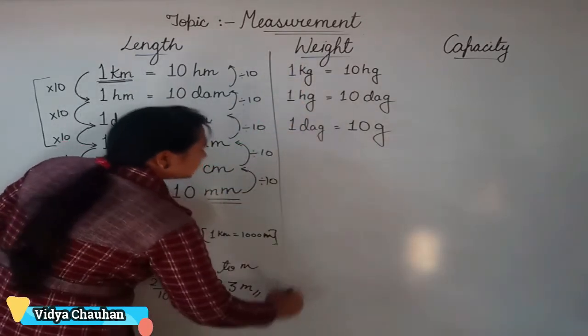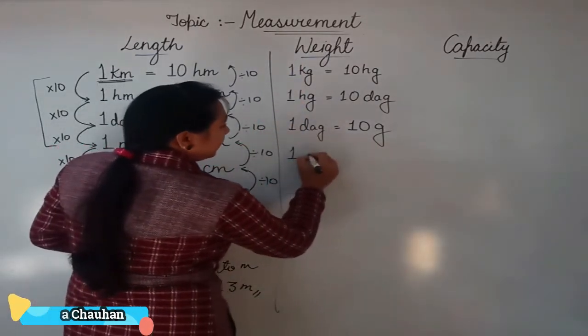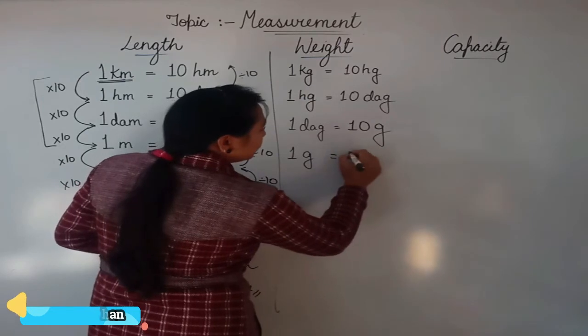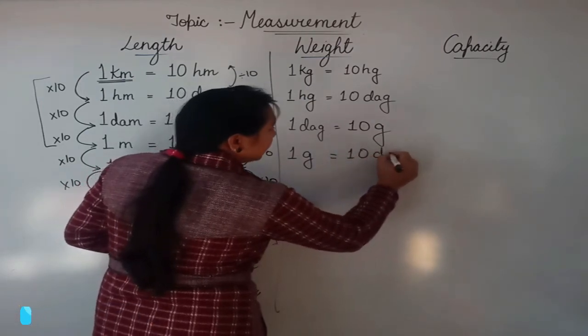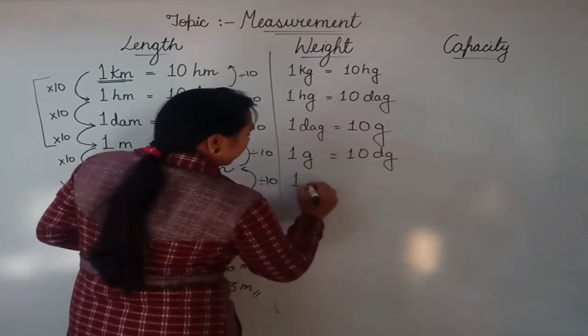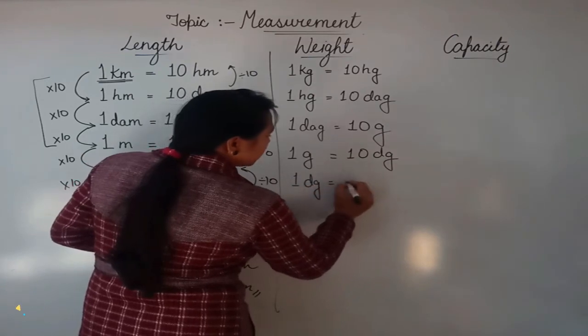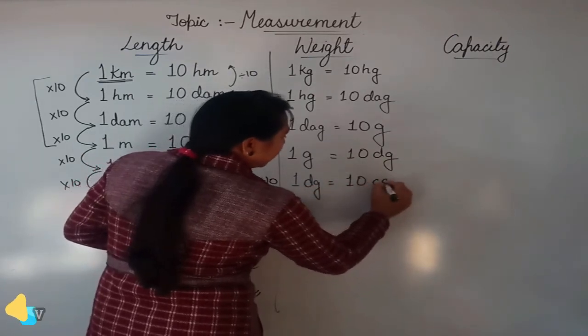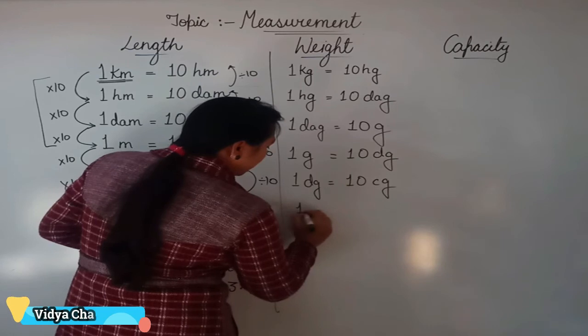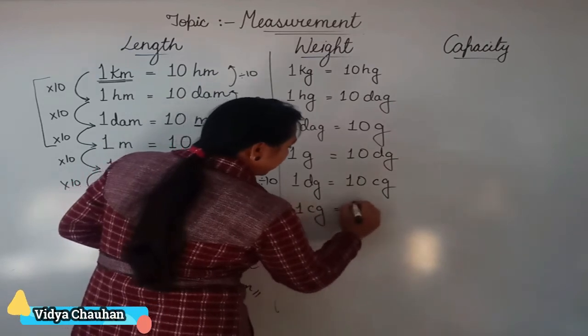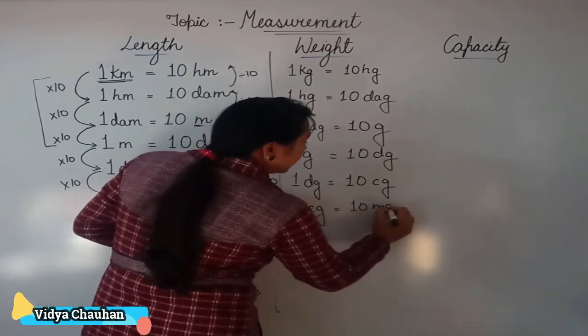Then 1 gram is equal to 10 decigram. 1 decigram is equal to 10 centigram. And the last, 1 centigram is equal to 10 milligram.